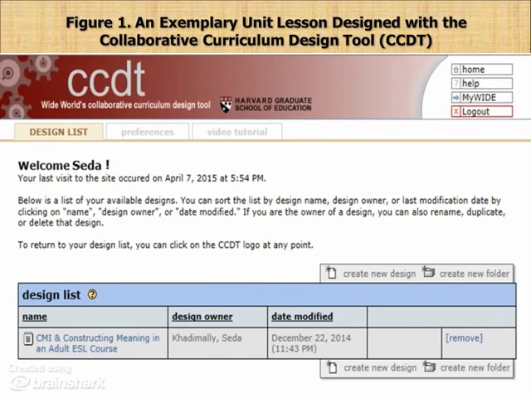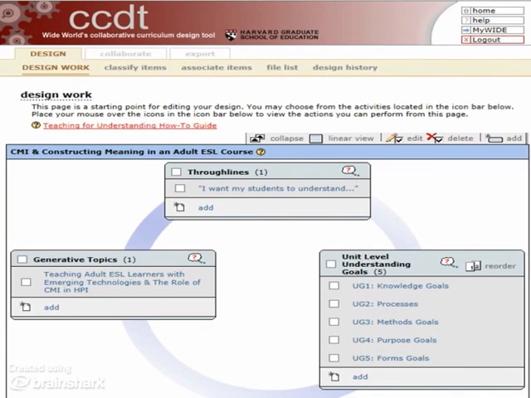On this slide, you will see an exemplary unit lesson designed with the CCDT. On this slide, you will see the essential components of CCDT, starting with through lines, which we also call overarching goals, and generative topics, as well as unit level understanding goals.